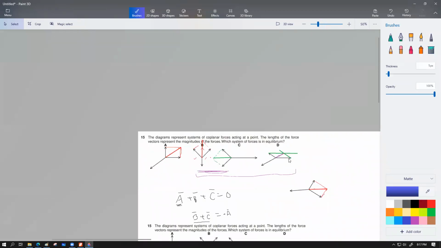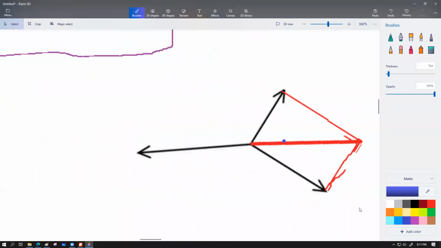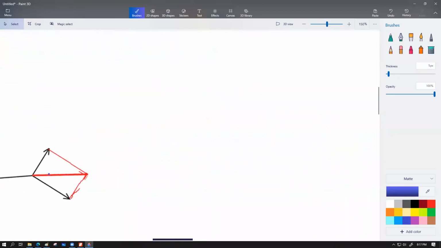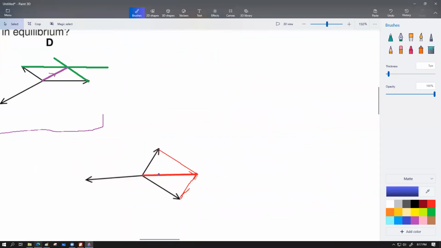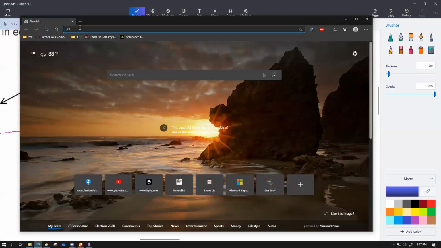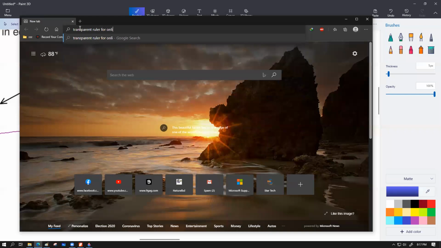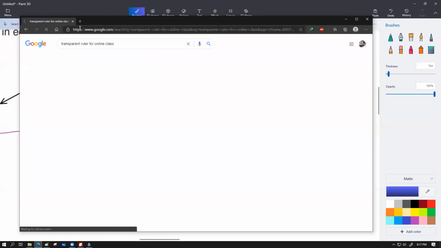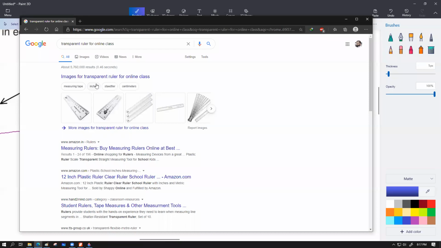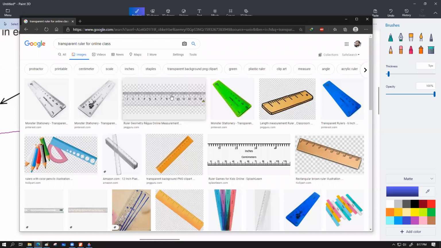Do I have a ruler? I do not have a ruler. Can I use this?